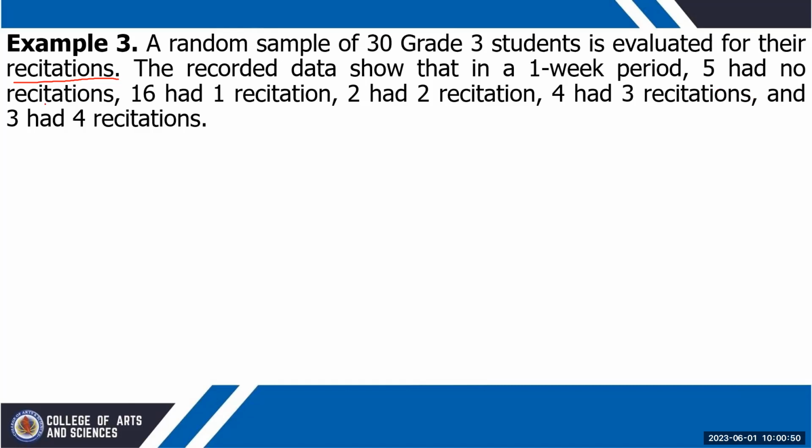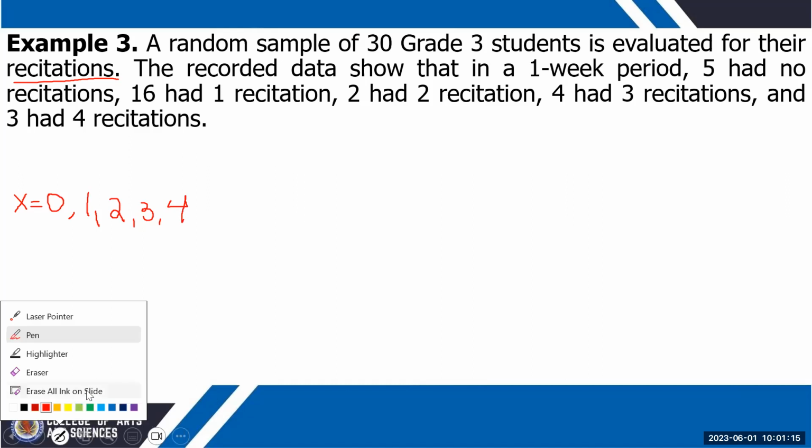Meron tayong no recitation, so that's 0. Meron tayong 1 recitation. Ito yung mga possible values of x natin. Also, meron naman yung nakakuha ng 2 recitations, meron namang 3, and meron namang 4 recitations. So, this is your values of x.